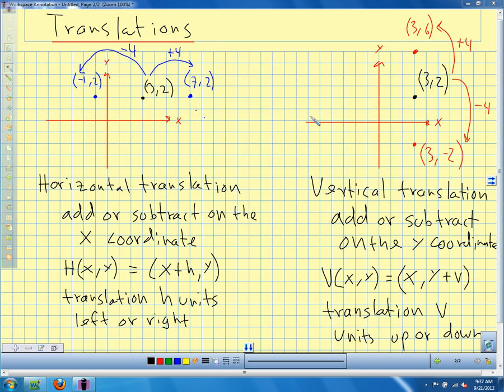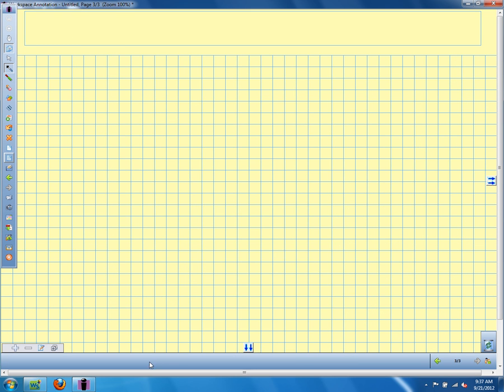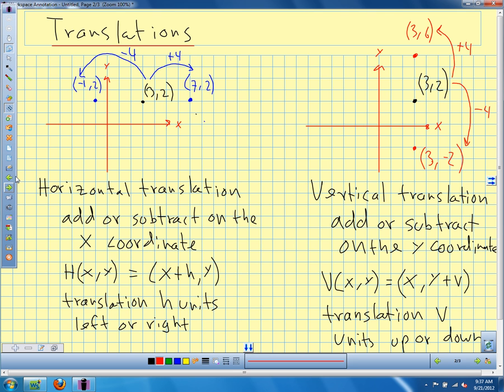Let's look at another one. Let's look at a reflection. And I'll draw two sets of axes here.